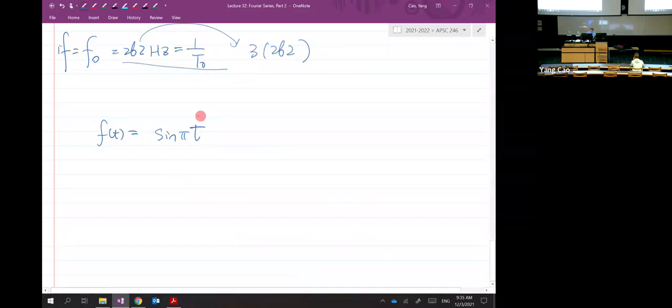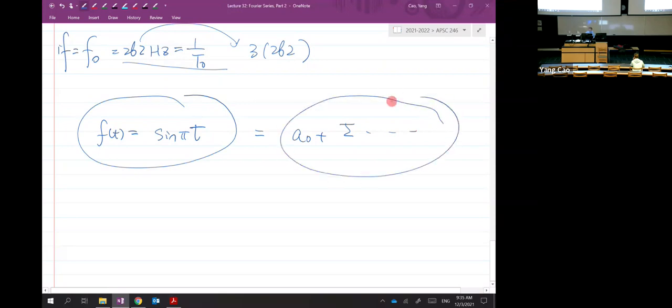If I write it into A naught plus that format over there, what do you think the right side would be? It can't be 0. I mean, you have sine pi t here, right? You don't need to calculate at all. Sine pi t, exactly. So the Fourier series of sine pi t is sine pi t.